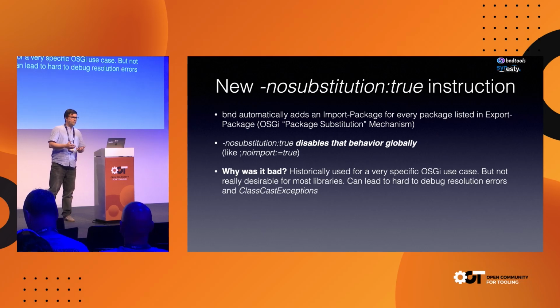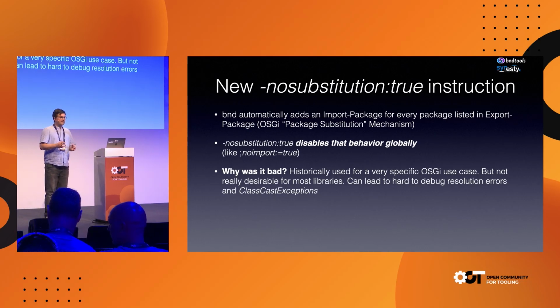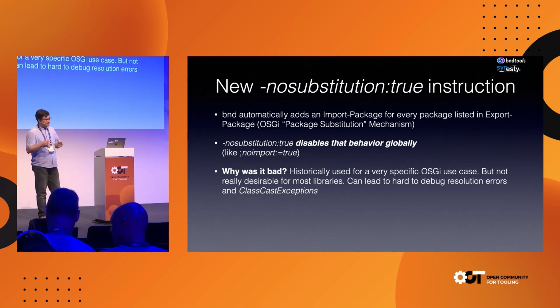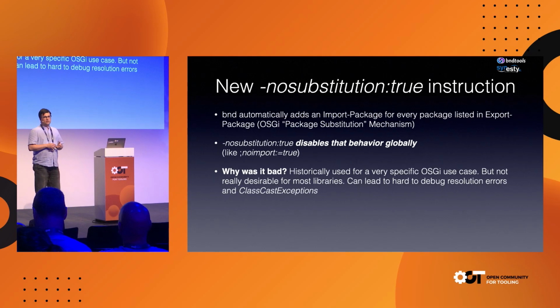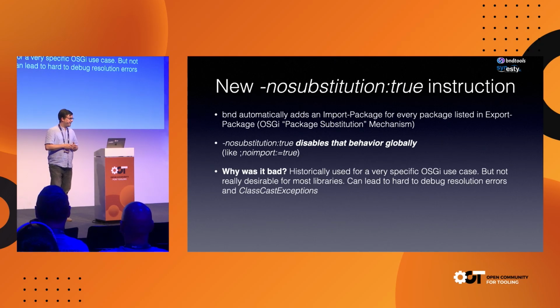So what's the problem with this package substitution? Package substitution is a mechanism for a very specific corner case-ish OSGi use case. And if you don't know what you're doing, it could lead to hard to debug resolution errors. I think Ed has had lots of pain with it.